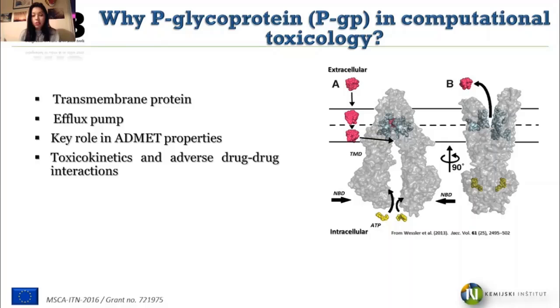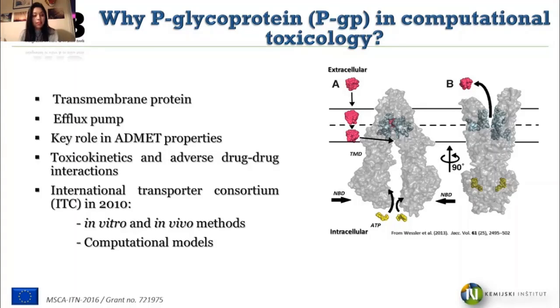So the structural analysis of PGP with its substrates or inhibitors is very important for a successful drug development or toxicity assessment. In fact, in 2010, the International Transporter Consortium was formed with the aim of identifying clinically relevant transporters and also to determine suitable in vitro or in vivo methods as well as computational models to characterize the transporter-drug interactions.